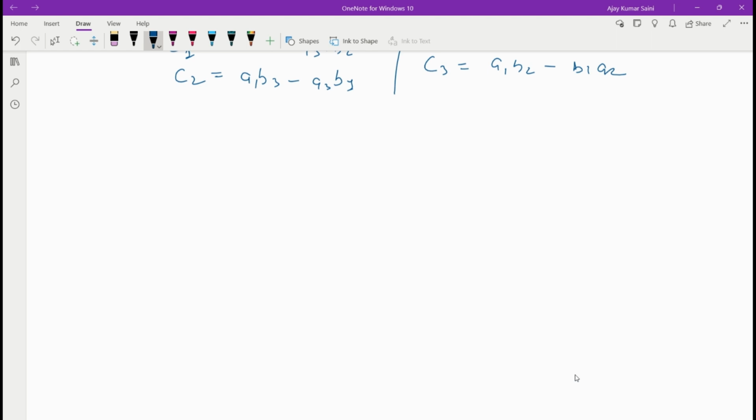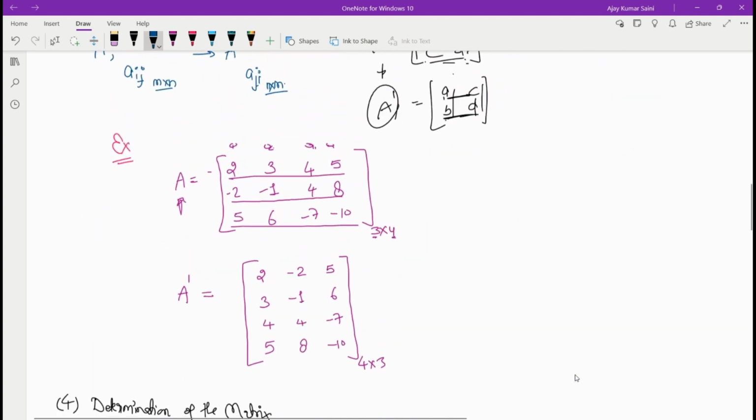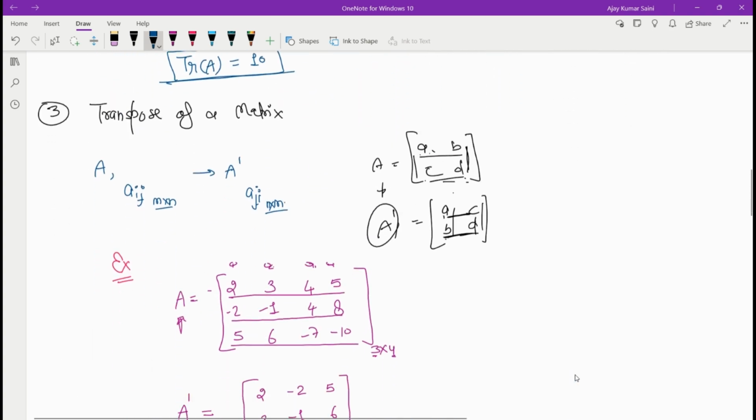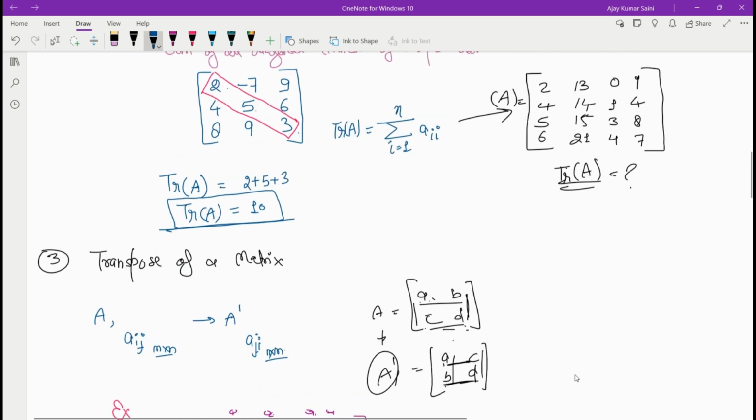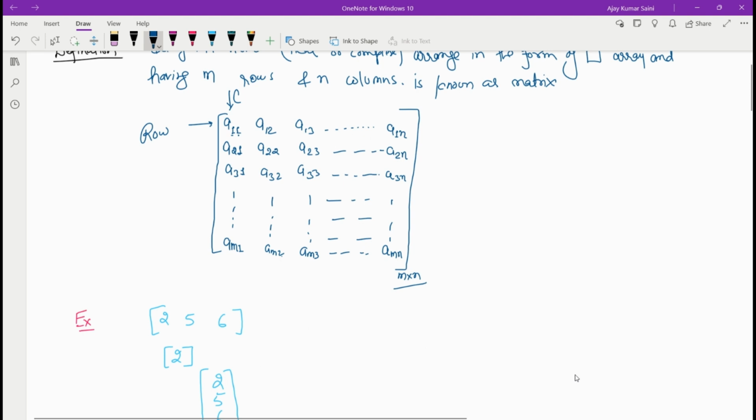After these two topics in the next video, I describe the eigenvalue and eigenvector. Okay, so do all these things, and if you skipped transpose of a matrix, trace of a matrix and multiplication of matrices, you can see our previous video.